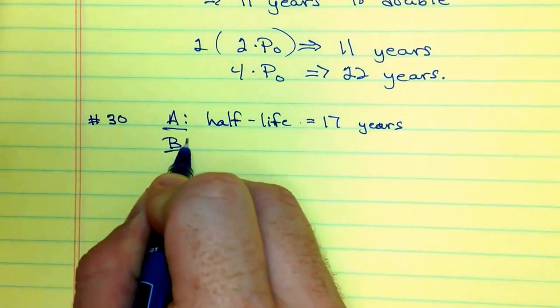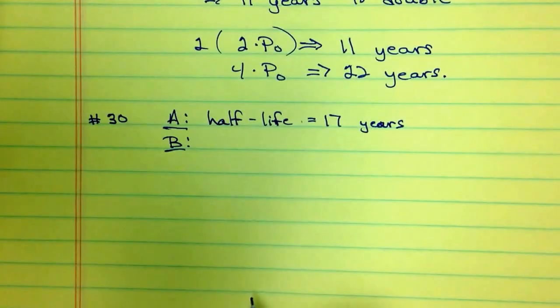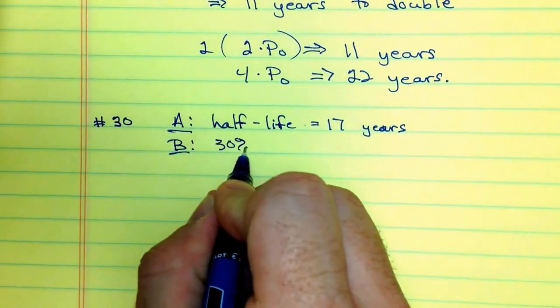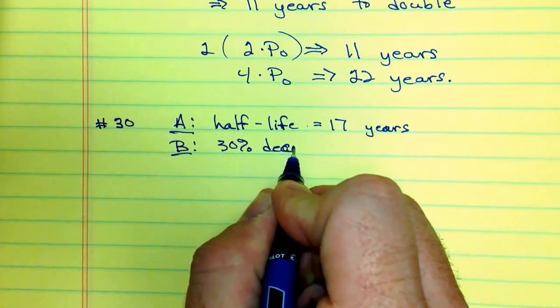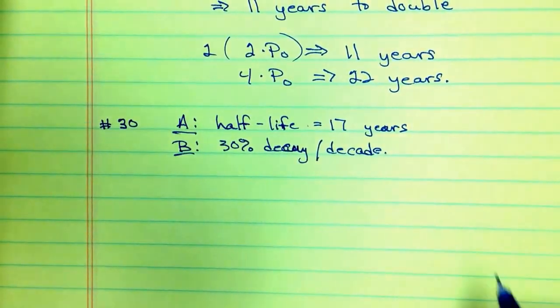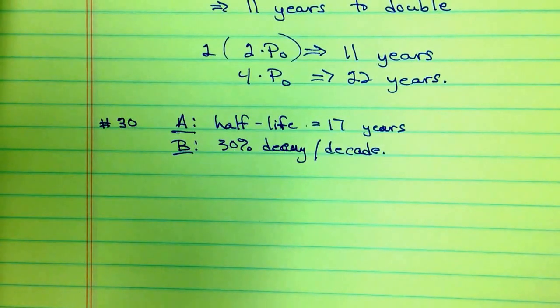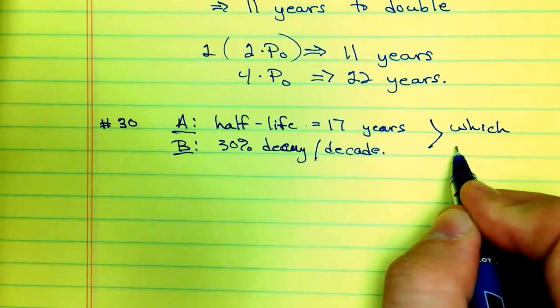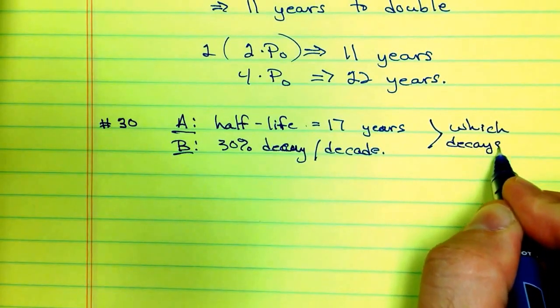And then substance B, what do we have? All right, so 30% decay per decade. All right, so basically, which decays fastest?